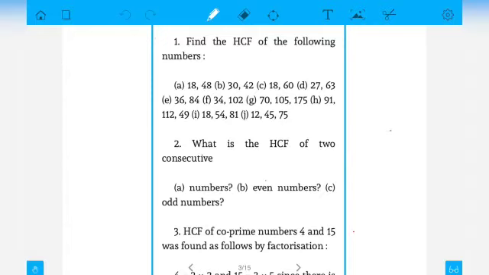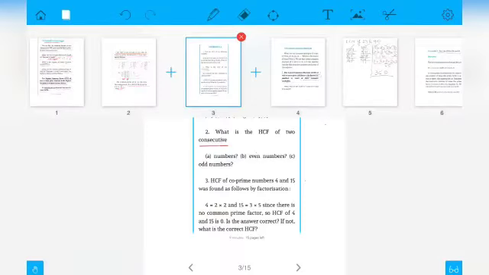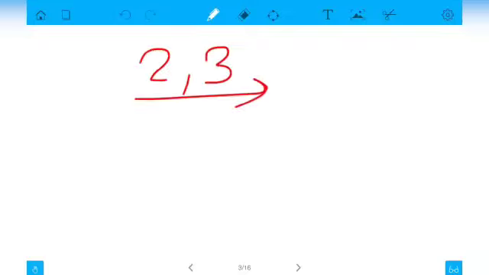One more thing dear students, in today's topic I have told you what consecutive numbers are. Let me explain. If I say write the consecutive number of 2, you will just say 3, meaning the number that comes just after the other one.